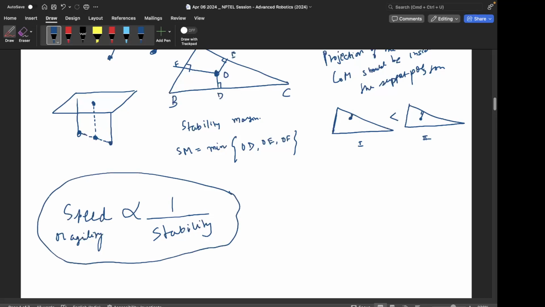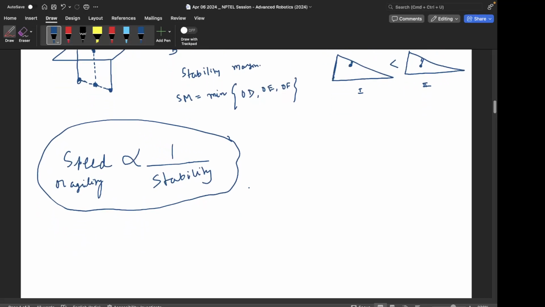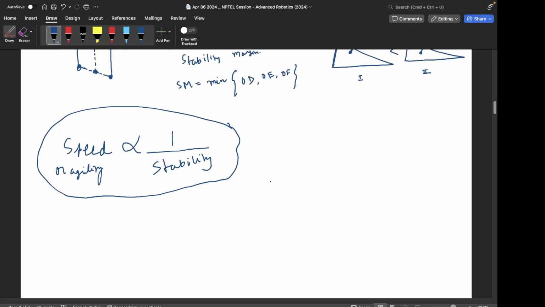For instance, fighter jets are made inherently unstable in certain ways to make sure that they are able to do the fast maneuvers and fast direction changes that they are required to do. So it's a choice that the robot needs to trade off depending on the environment.